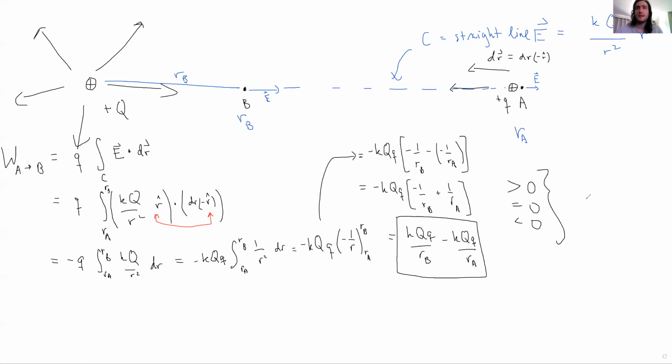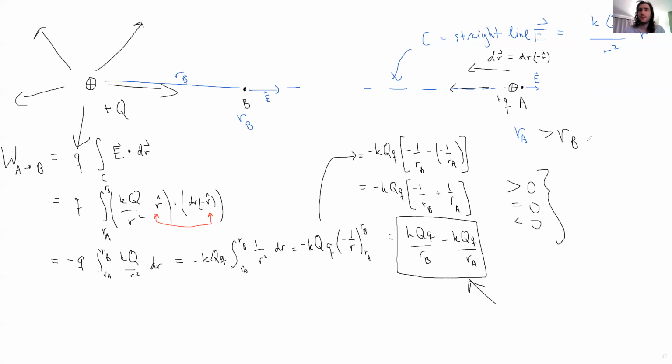Mathematically, we look at this answer here, and we can tell that it's actually going to be a positive number. How can we tell? Well, RA is bigger than RB.